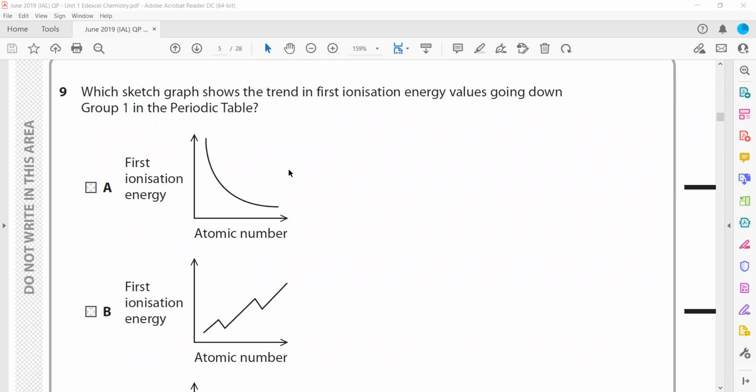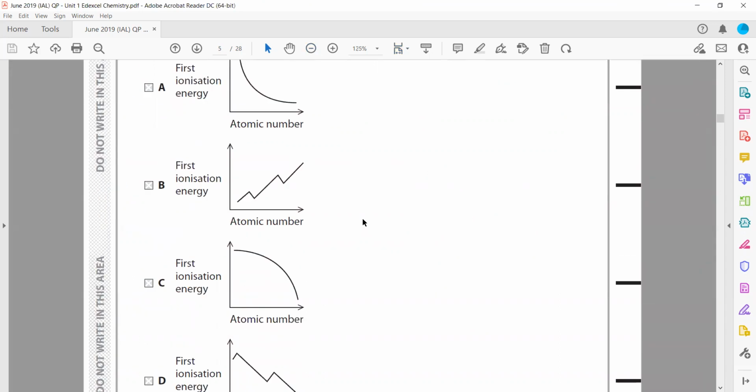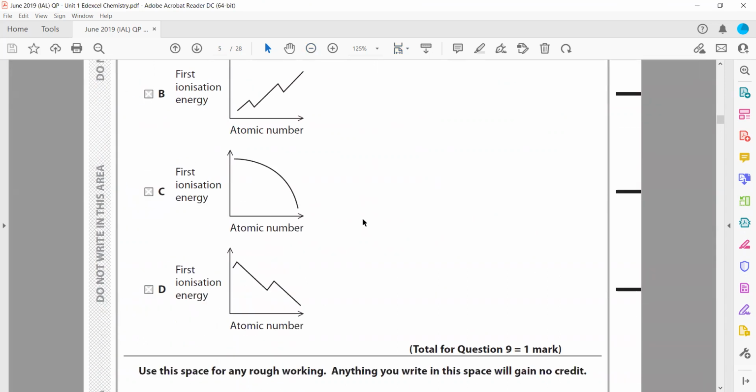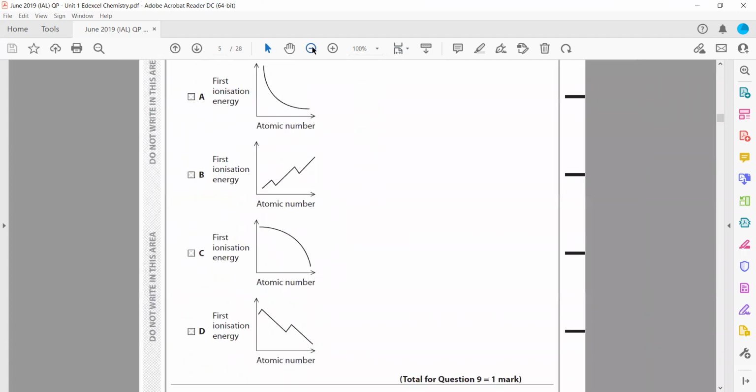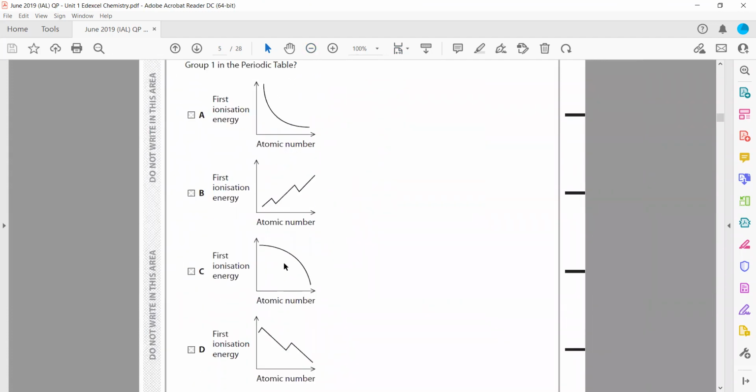Which sketch graph shows the trend in ionization energy going down the group? So as we go down the group, the size increases. So if the size increases, the ionization energy should decrease. So A can be an answer, or C, but C is not showing a proportion here.